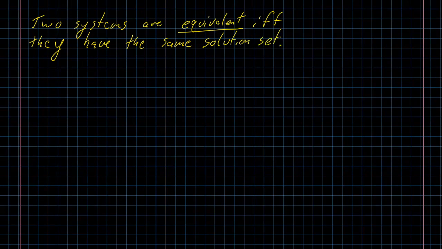We say that two systems, and here implicitly systems of linear equations and variables, two systems are equivalent if and only if they have the same solution set.